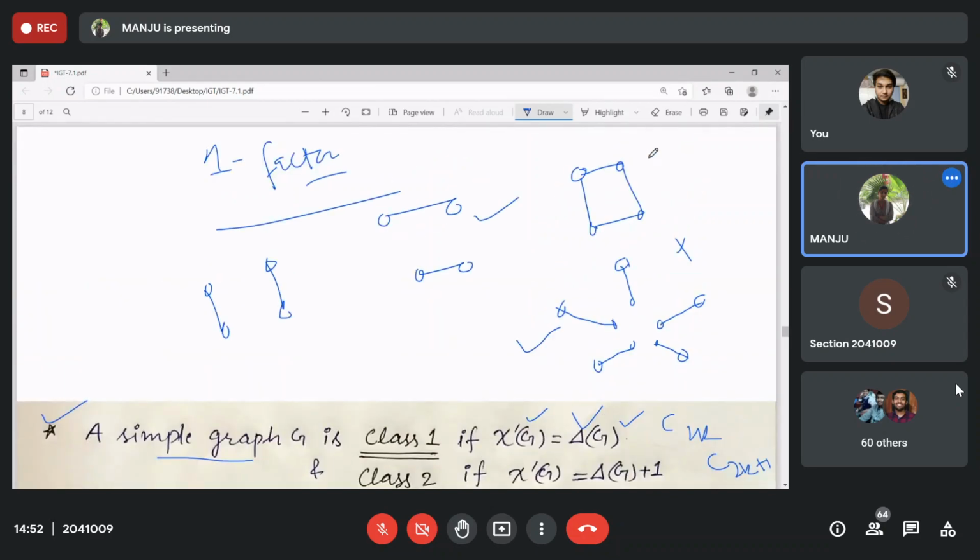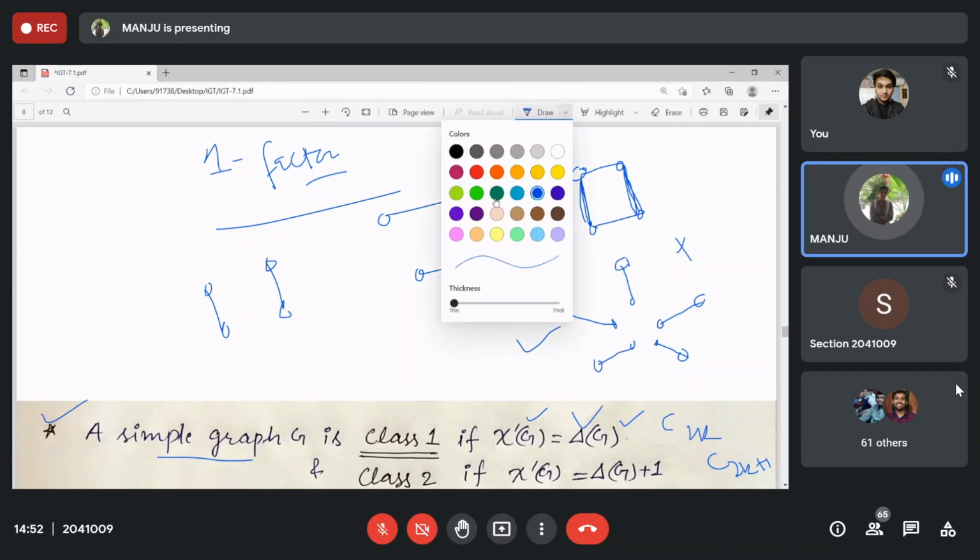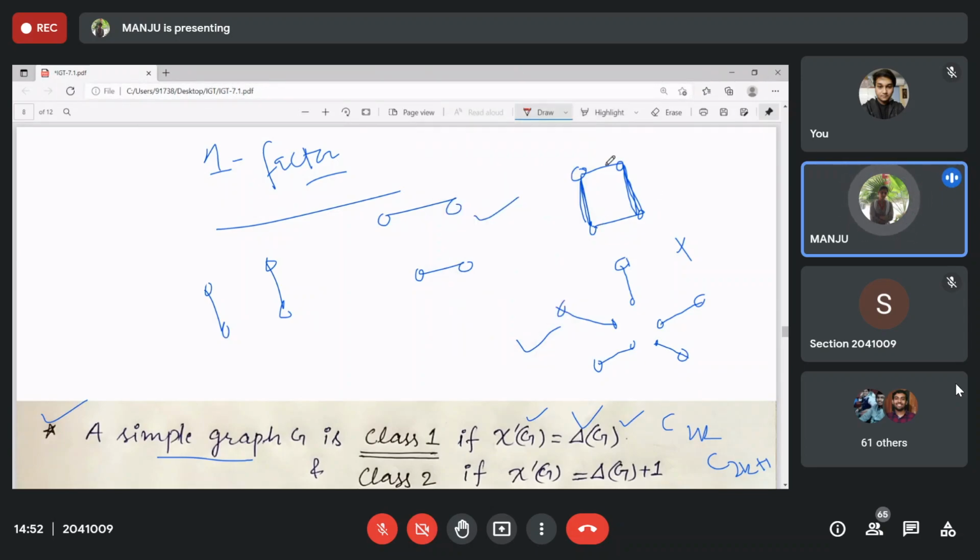That means maximum and minimum degree will be the same, equal to the degree, right? So you can color these two edges, that means this one factor, using the same color, and the other remaining one factor using the other color, and hence this is colored using this many colors, right? Colored properly? Clear? Yes, ma'am.